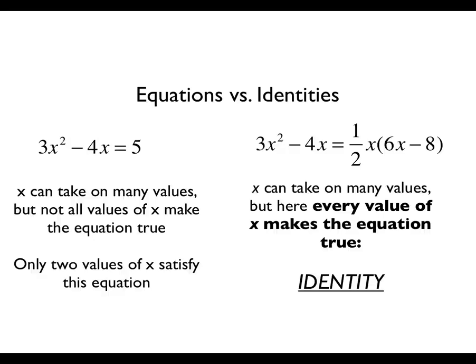So this is not an identity over here, because only certain values of x, maybe 1 or 2, make it true. But an equation such that any value you substitute for your variable makes it true is what's called an identity.